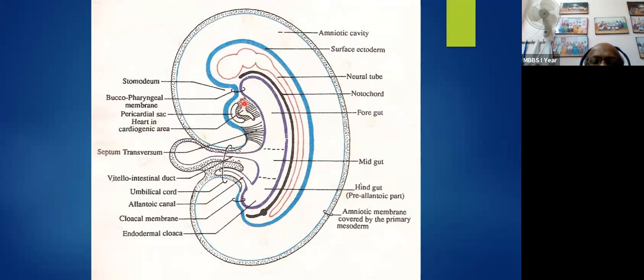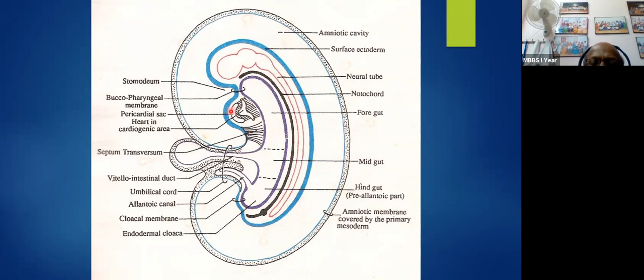These are the two endothelial heart tubes suspended by a layer of peritoneum called mesocardium. There is no ventral mesocardium, only dorsal mesocardium is there.